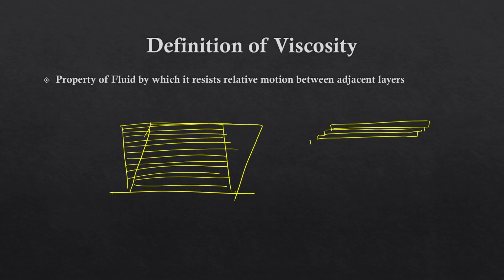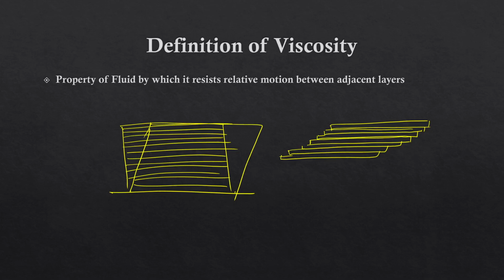If we make these very small layers, suppose, and viscosity is the property by which it will resist the relative motion between adjacent layers.